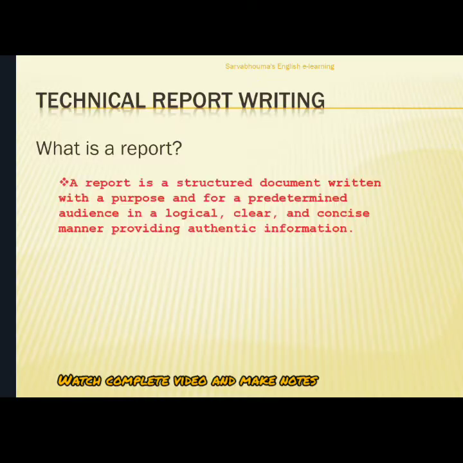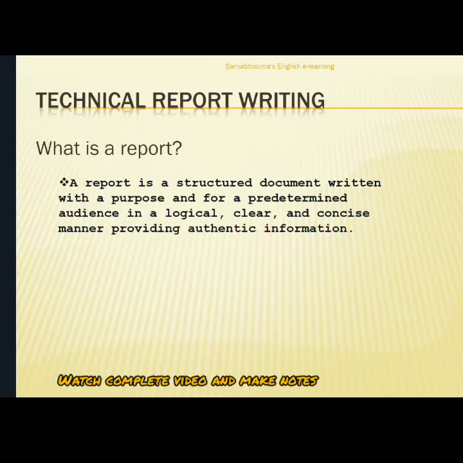Let us understand this through the definition. A report is a structured document written with a purpose and for a predetermined audience in a logical, clear and concise manner, providing authentic information.